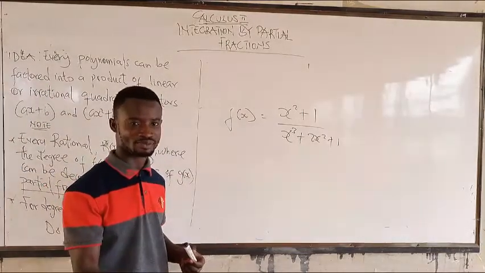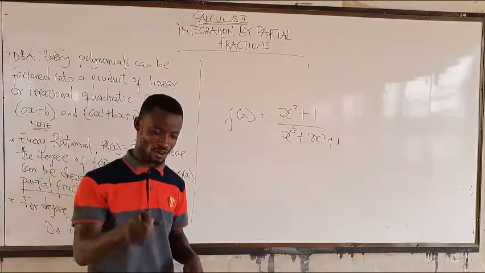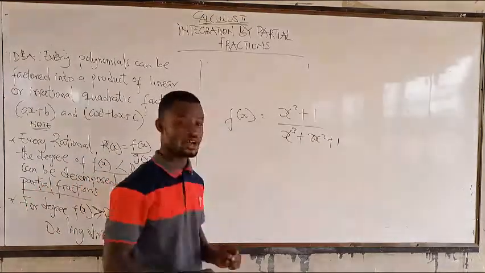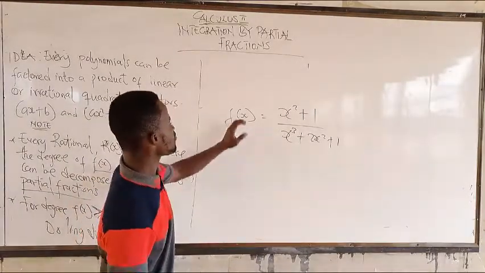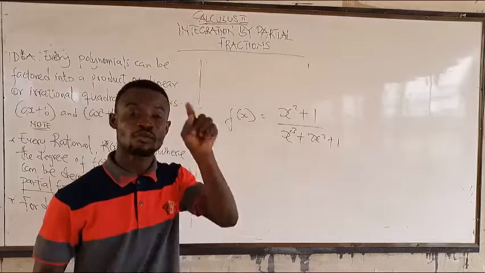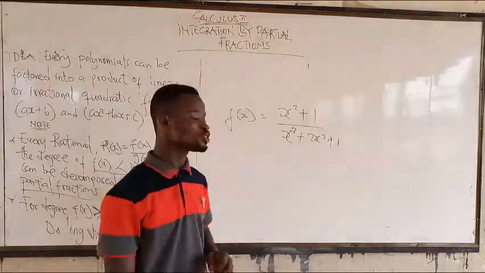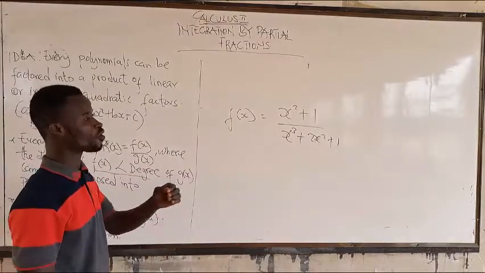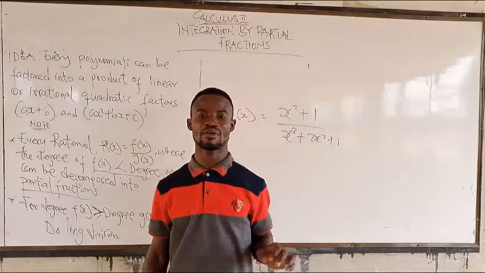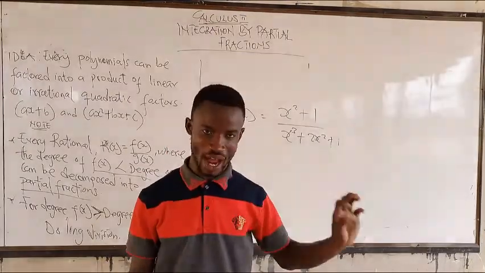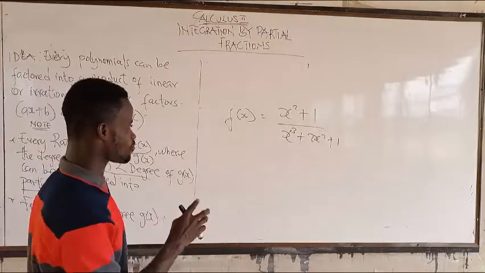What is the reason? I wish I could ask you this question, but I hope you have answered me. The reason is just simple: the function that we have here is proper. When the degree of the numerator is less than the denominator, that means that we are talking of proper fractions, proper functions.